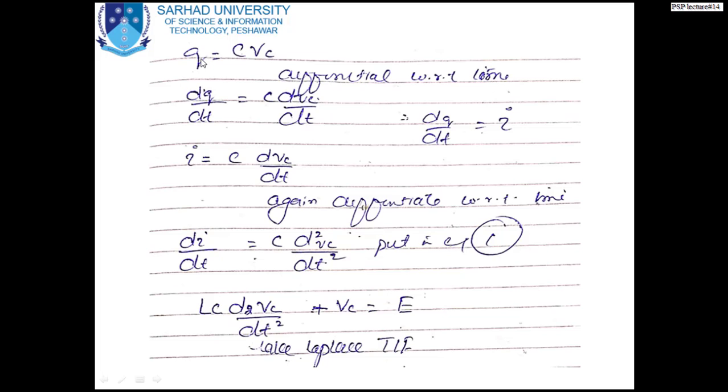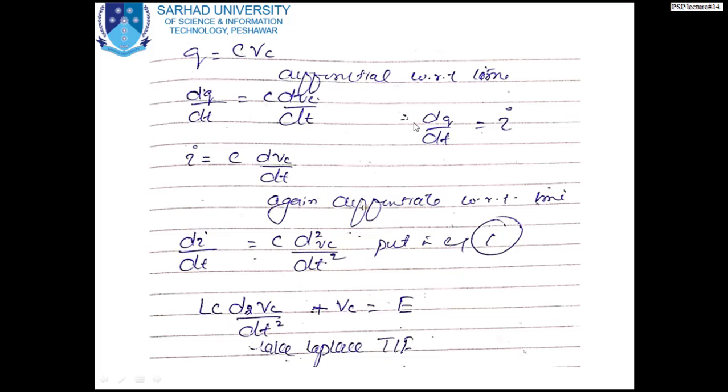Gentlemen, you see here Q is equal to CV. So therefore, dQ by dt, that is the differential of charge Q, is equal to C as a constant and the differential of voltage.